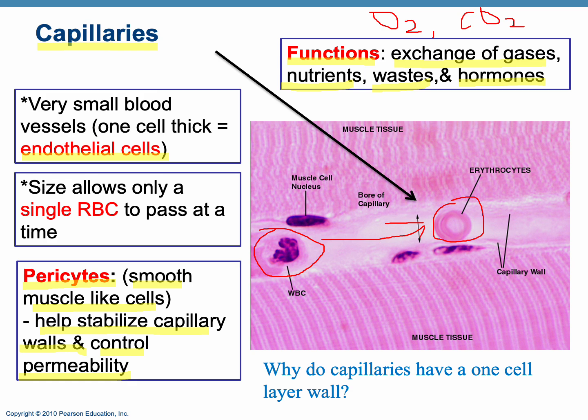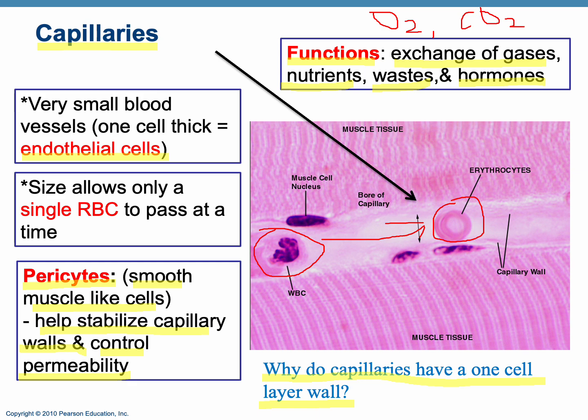So one thing to consider, we see this question down here, well, why do capillaries have a one-cell layer wall? And the reason they're constructed like that, maybe you're thinking already, well, the big reason here is that it allows for easy exchanging of materials.